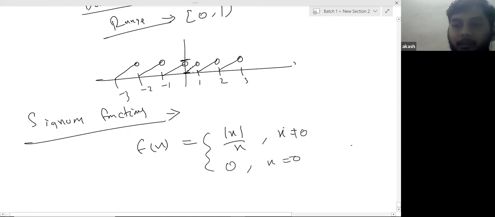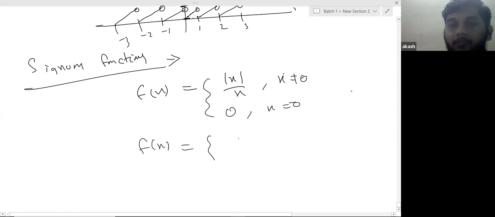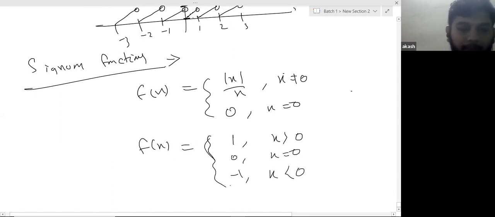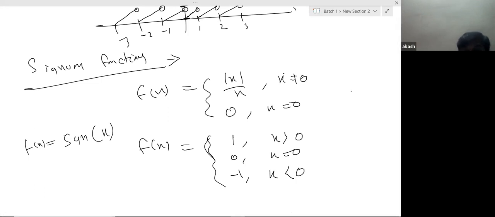But you don't have to remember this, you can just remember this: f of x equals 1 when x is positive, 0 when x is 0, minus 1 when x is negative. This is written as SGN, signum of x.